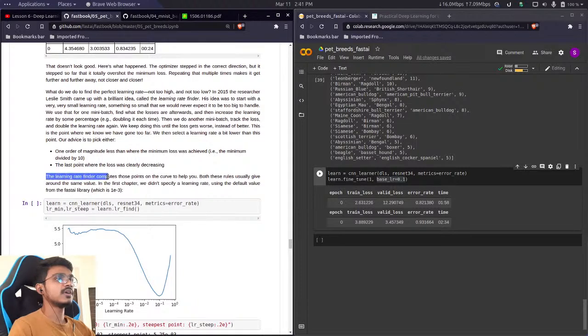The learning rate finder computes those points on the curve to help you. Both these rules usually give around the same value.